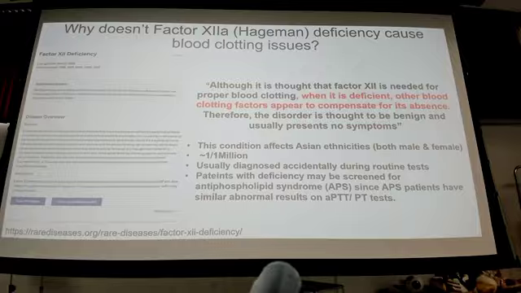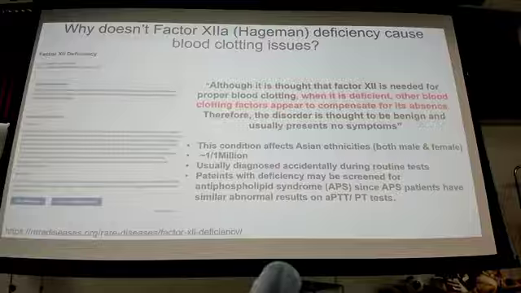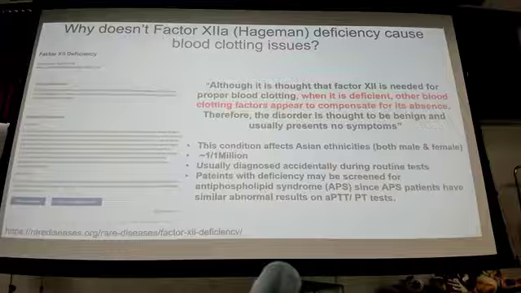So there's no clotting disease when factor 12 is deficient. This deficiency is usually found by accident when people are at the hospital getting routine screenings.